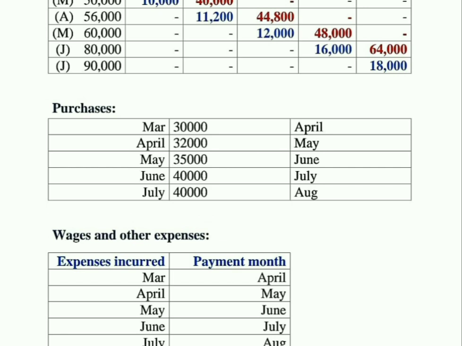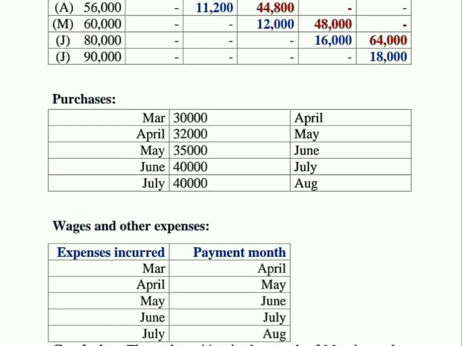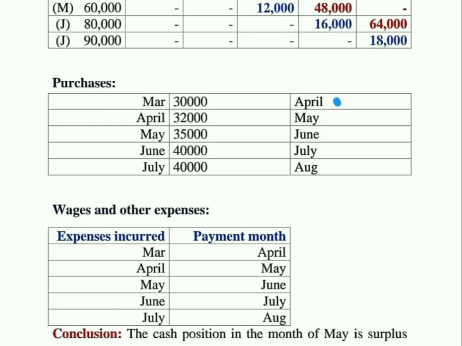So 2 months credit means here not April. March 30,000 will take place in May. This is in the month of May. Okay, so the actual payment for March 30,000 will take place in the month of May because of the 2 months credit period. So in May we have to take 30,000.